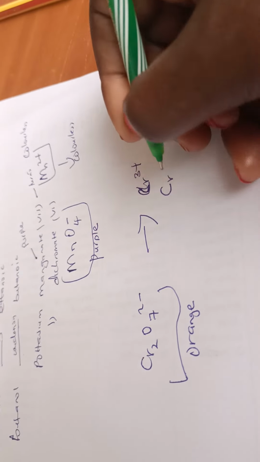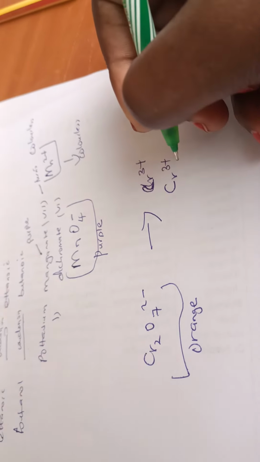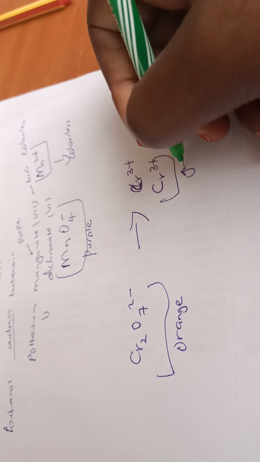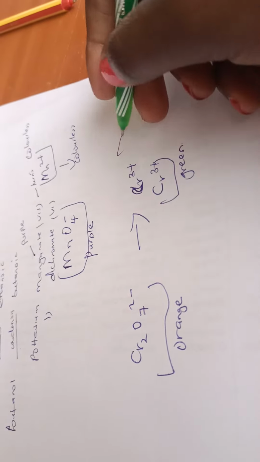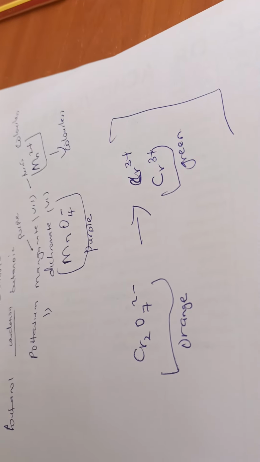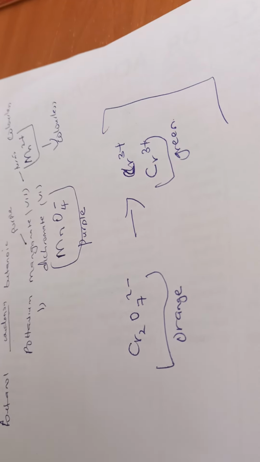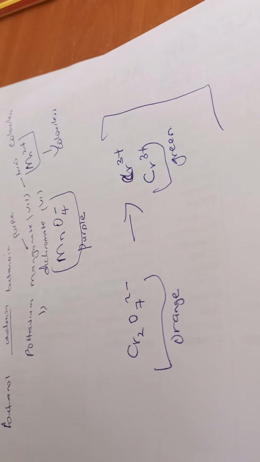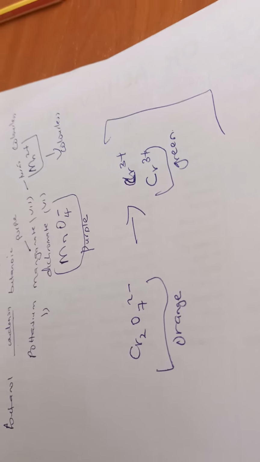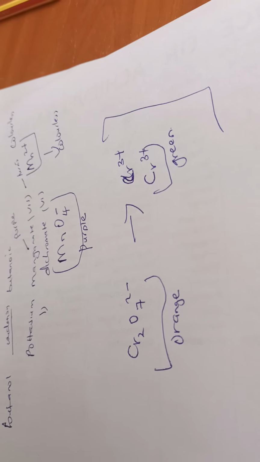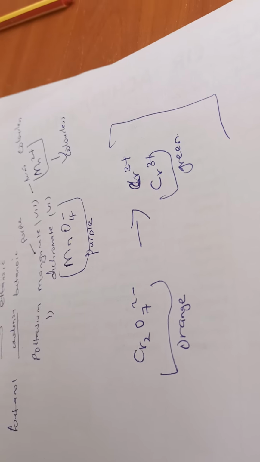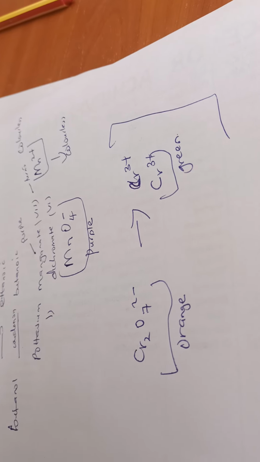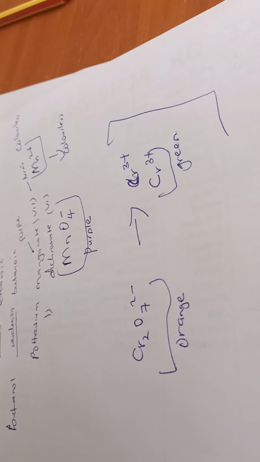These chromium ions are green. So when you add dichromate to an alkanol, it turns from orange to green, as the manganate and dichromate ions are reduced.